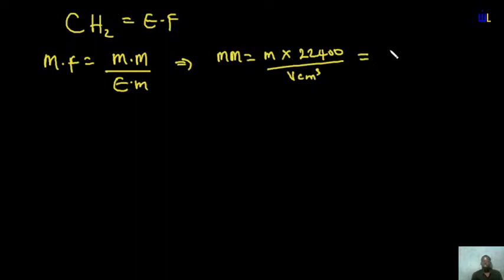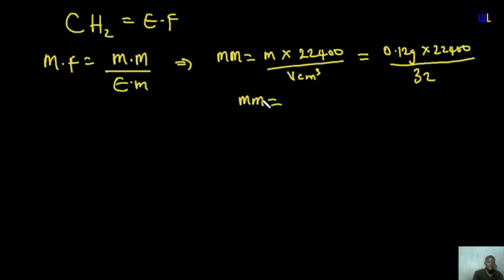So the mass they give us is 0.12 gram multiplied by 22,400, all divided by the volume in cm cube, which is 32. Let's use our calculator to resolve this: 0.12 multiplied by 22,400 divided by 32.